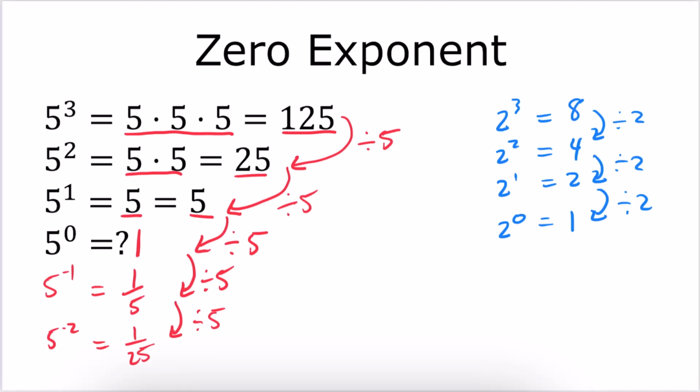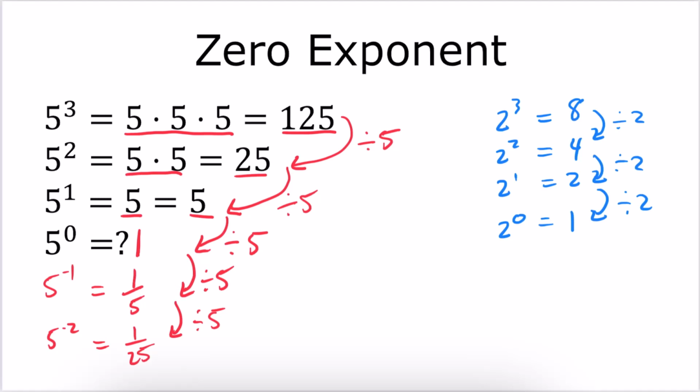So like 5 to the negative 2 is the same thing as the reciprocal of 5 squared. So you won't see any negative exponents in your homework, but just as a heads up, that's why negative exponents create reciprocals, because it's basically continuing this pattern of consistently dividing by 5 or whatever the base of your exponent is.